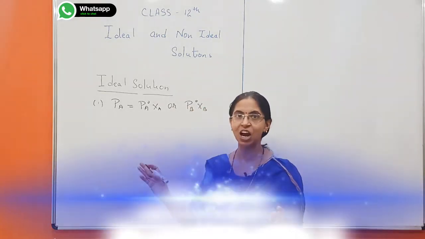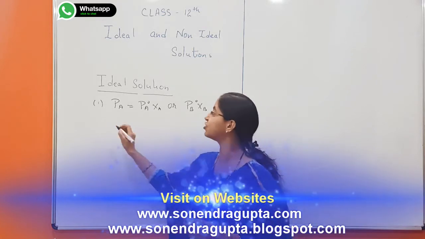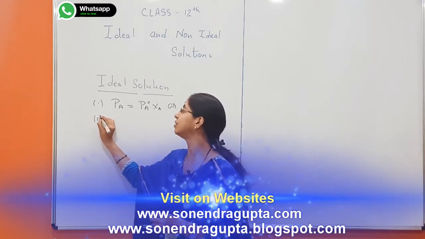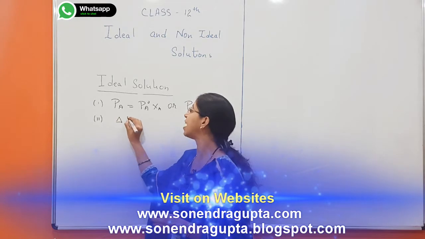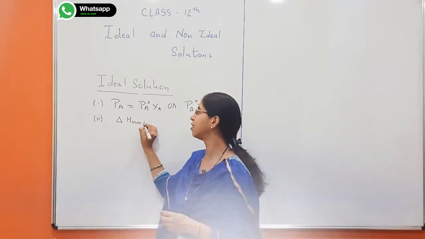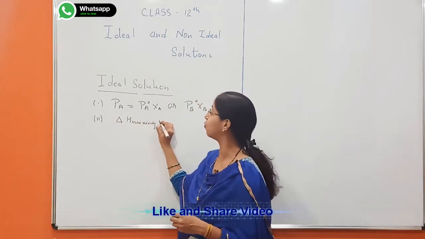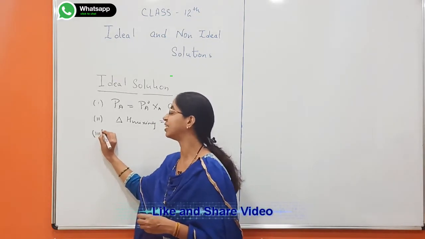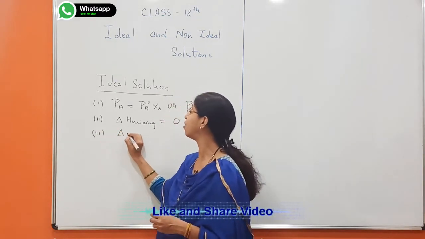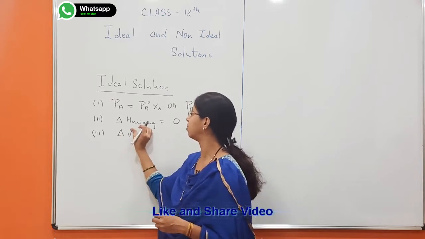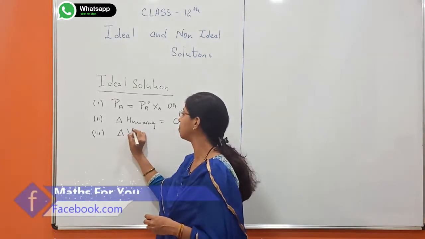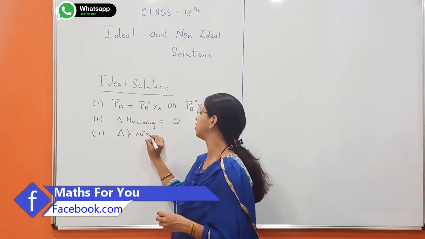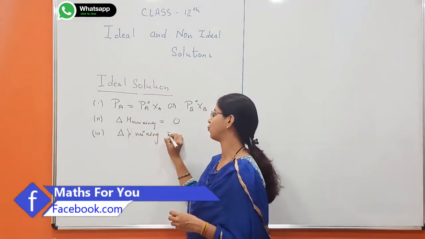This is Raoult's law. The second condition is that delta H mixing is always equal to 0. And the third one, delta V mixing, is always 0.